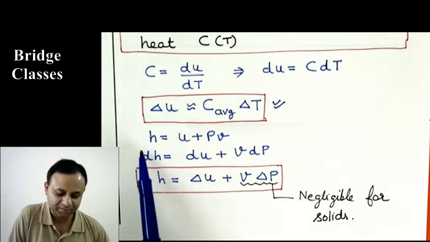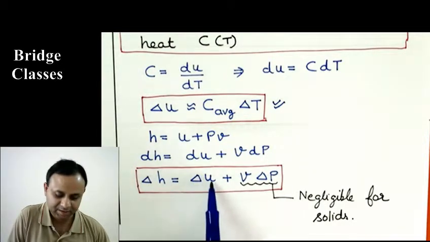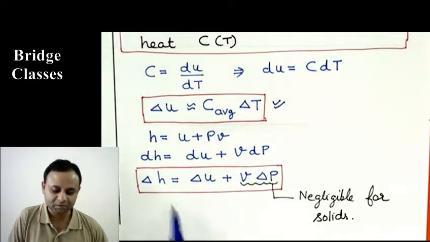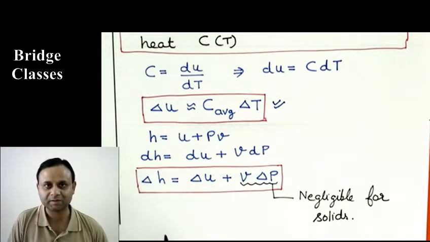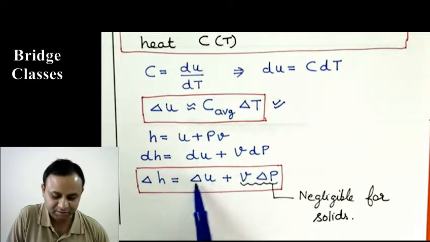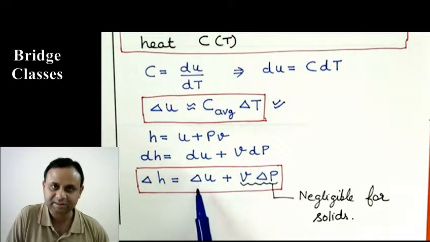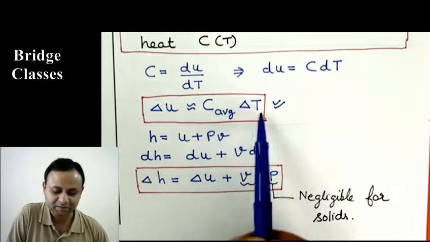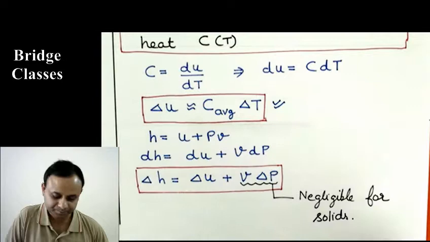And if we integrate this expression, you get delta H equals delta U plus, V being a constant, V delta P. So we can use this expression for change in enthalpy of an incompressible substance. It will be change in U, which will be C average delta T, or you just say C delta T if the value of C is given, plus this term, V delta P.